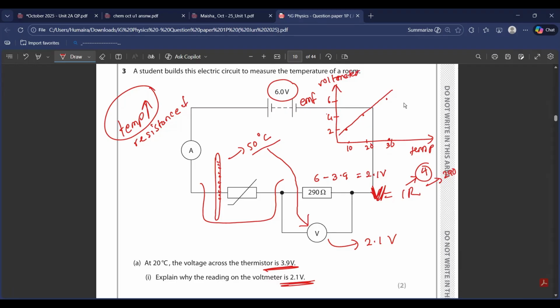Now, if you want to know the voltmeter reading at 15 degrees Celsius, you can find 15 here and place some dotted lines and find the corresponding voltage. So if we plot a graph of temperature against voltage, we can also find different voltages for different temperatures according to the graph data. That's what we are going to write here.